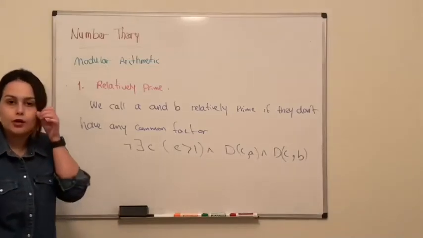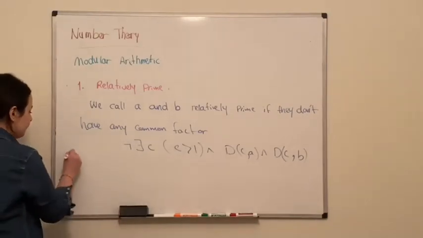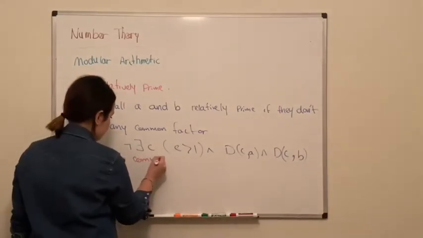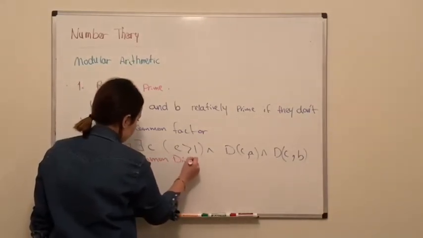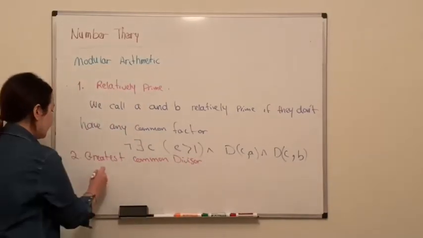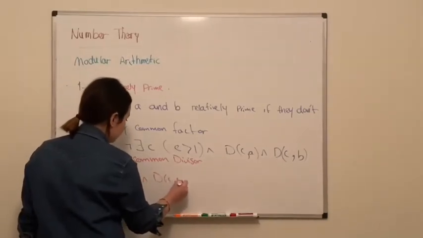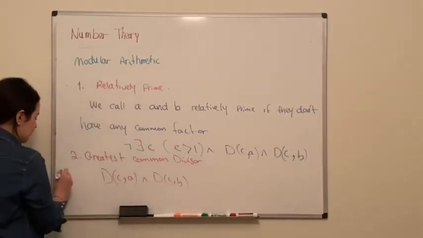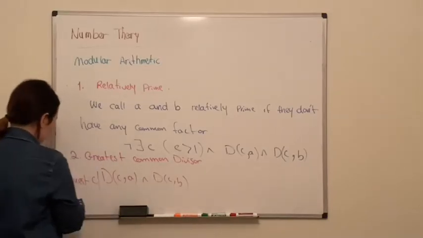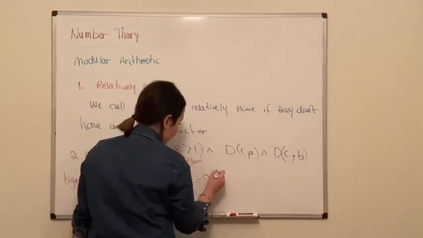The other concept I want to talk about is the greatest common divisor. It is the biggest c that I can find such that c divides a and c divides b, and we can write it as GCD of a and b.